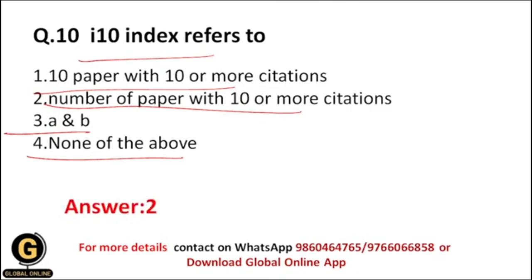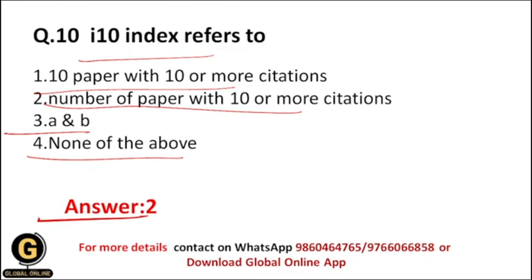Number of papers with 10 or more citations. At least 10 citations means 10 or more citations are applicable. Okay, that's why your correct answer should be 2. Okay, so students, I know this topic is difficult to understand, but understand over here that based upon these metrics, we are going to give the values to the particular journals.